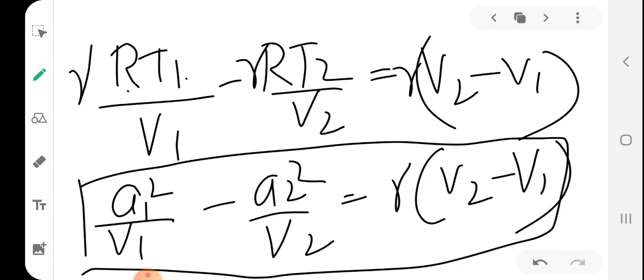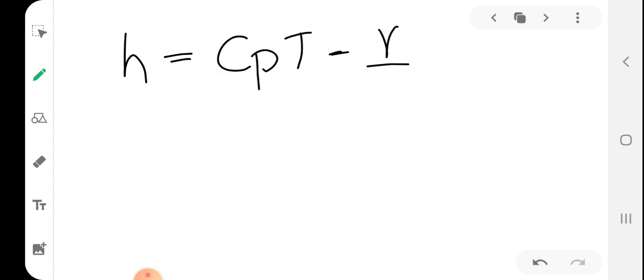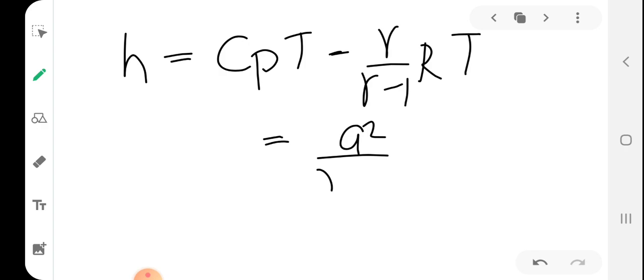So students, now I have to eliminate A1 and A2 also and bring A0 into the picture. So what should be done? You know the enthalpy equation. Enthalpy is nothing but Cp into T, right? Cp can be written as gamma by gamma minus 1 into R, and T remains. So gamma RT is nothing but A square, so enthalpy is A square by gamma minus 1.